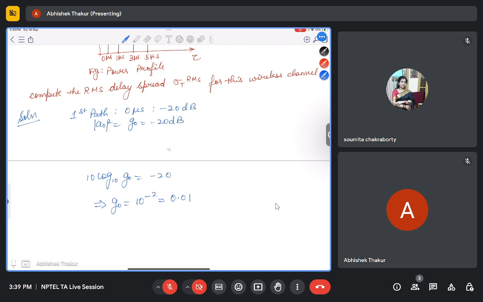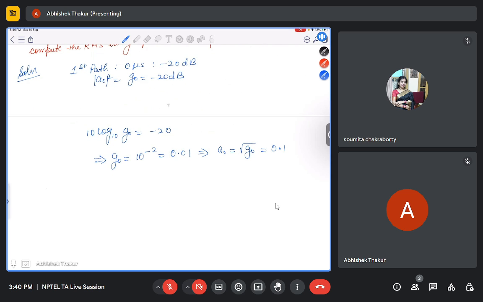But G0 is mod of A0 squared. So A0 is the square root of G0, so that will be equal to 0.1.